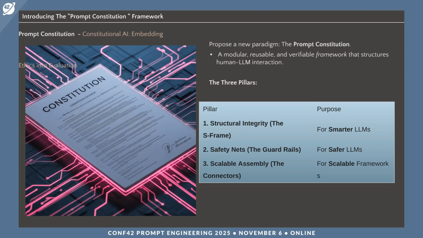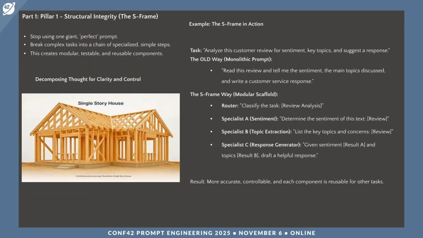These are exactly the three problems we have seen in why craft doesn't scale, the three walls we spoke about. Similarly, the constitution addresses these three walls with three pillars: structural integrity, safety nets, and scalable assembly. Now we'll deep dive into those three basic foundations, which is very important before we move forward to some of the evaluation techniques.